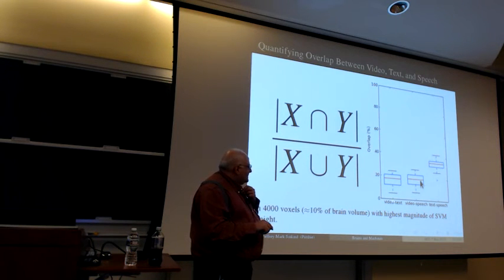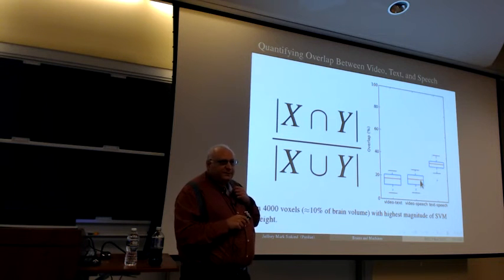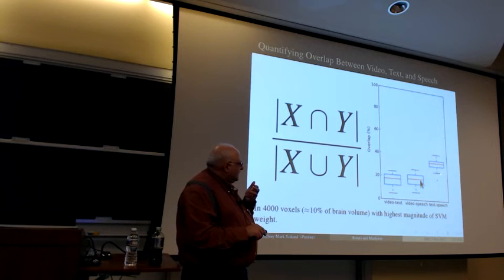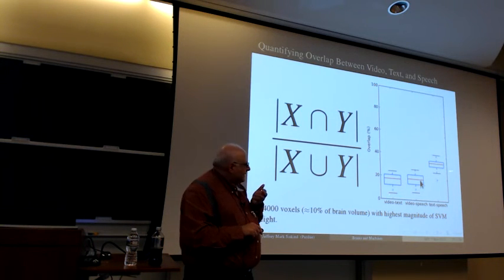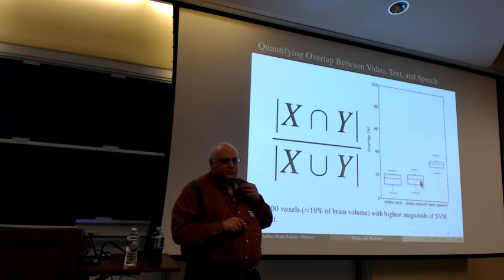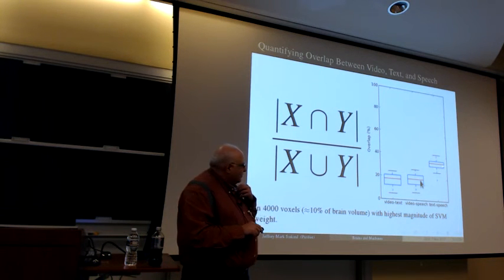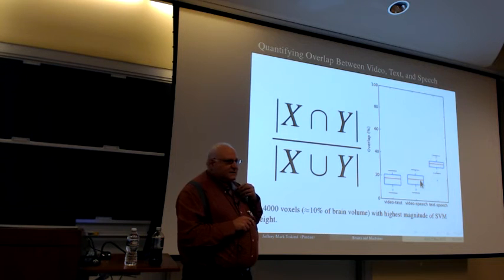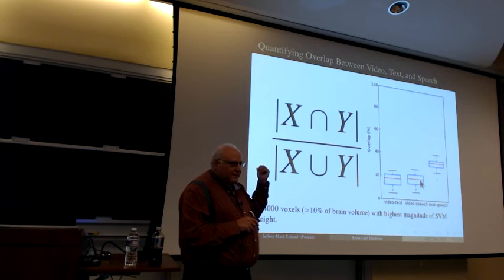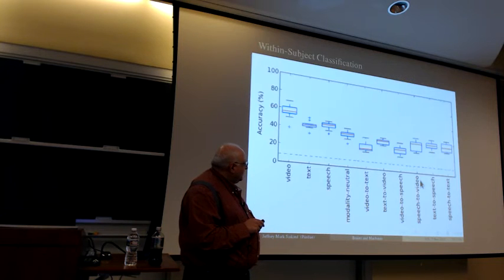And if we do that, we see that the overlap between video and text is about 20%, between video and speech is about 20%, and between text and speech is about 40%. And again, that makes sense because text and speech are both linguistic, and video and text and video and speech are more cross-modal than text and speech. And that explains the difference in levels of cross-modal classification that we saw before.